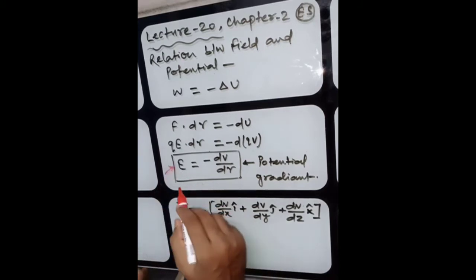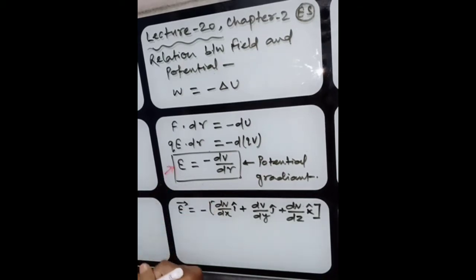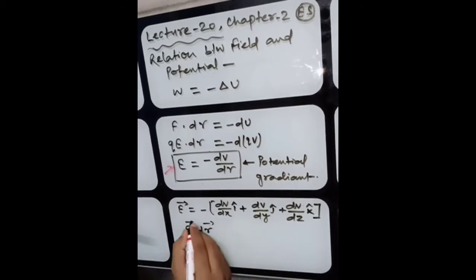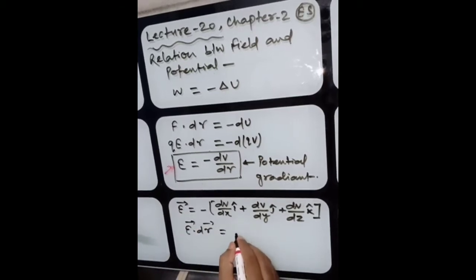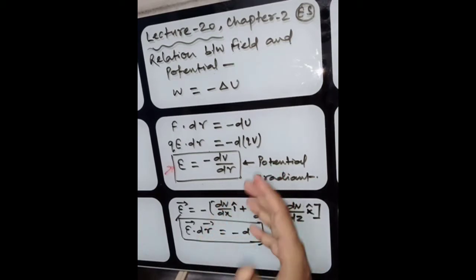You can represent this formula as E dot dr, both are vector quantities, is equal to minus dV, and you know that the dot product will give you a scalar quantity. This potential is a scalar quantity, and this formula will help us to solve a number of questions.